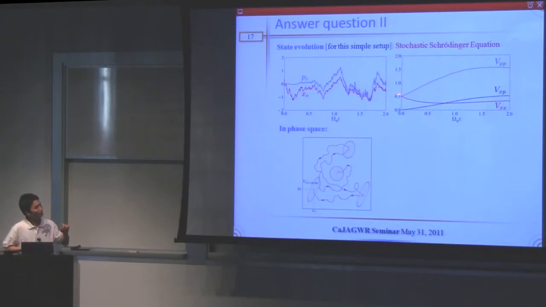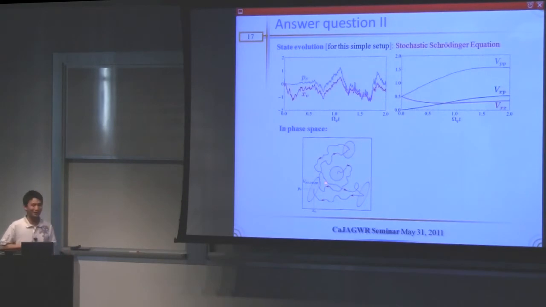And you can see that because I assume a very strong measurement, over time, the uncertainty of the position reduces. While at the same time, because of back action, I cause large diffusion of the momentum, and then I increase the uncertainty in the momentum.